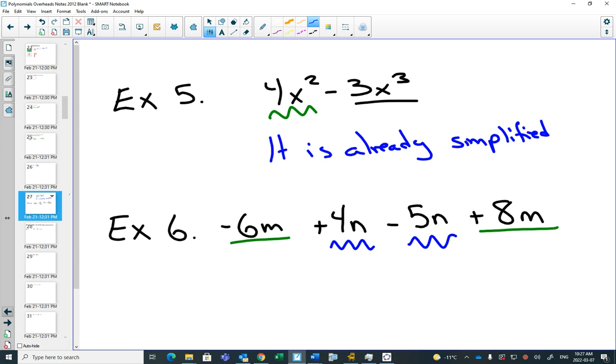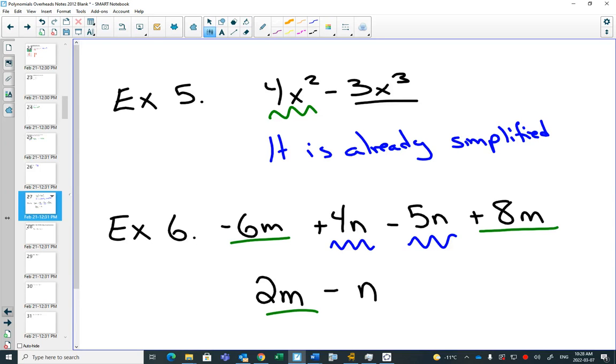Yes, the minus 5n. So when we put these together, let's do the green underlined ones first. What would you get if you had minus 6 of something and you added 8? You'd have positive 2m's. I can underline that in green so we can see that we put those together. Then, if you had 4n's and you minused 5n's, you'd be left with negative 1n.